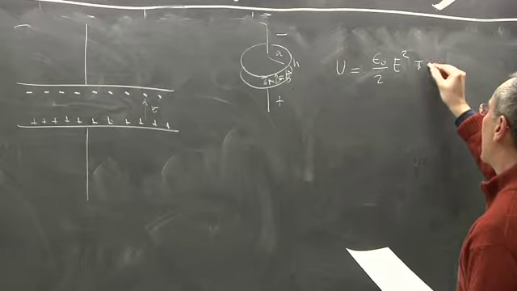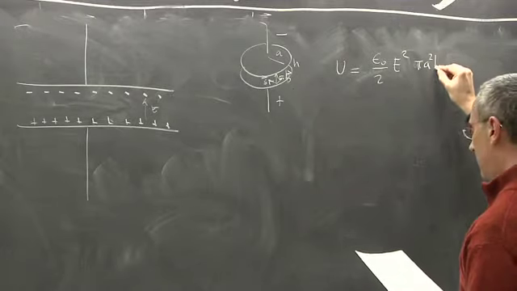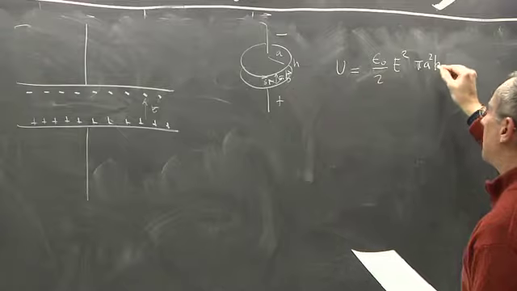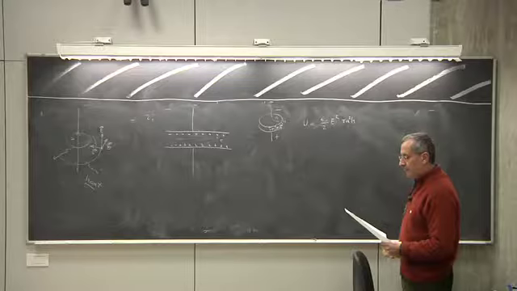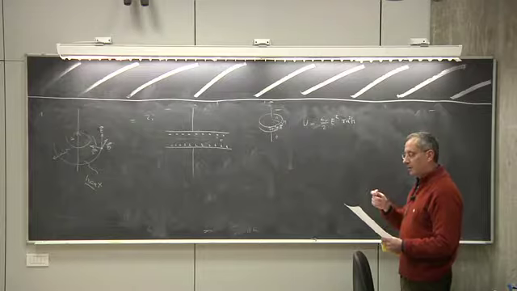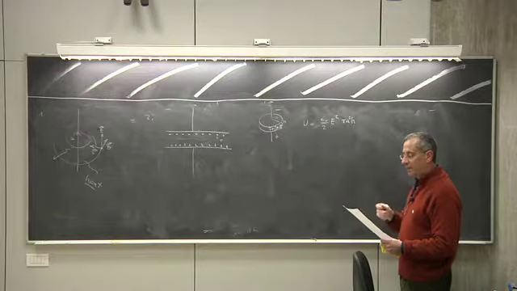The volume is pi a squared h, right, this distance. Okay. What is the magnetic field that I'm generating?